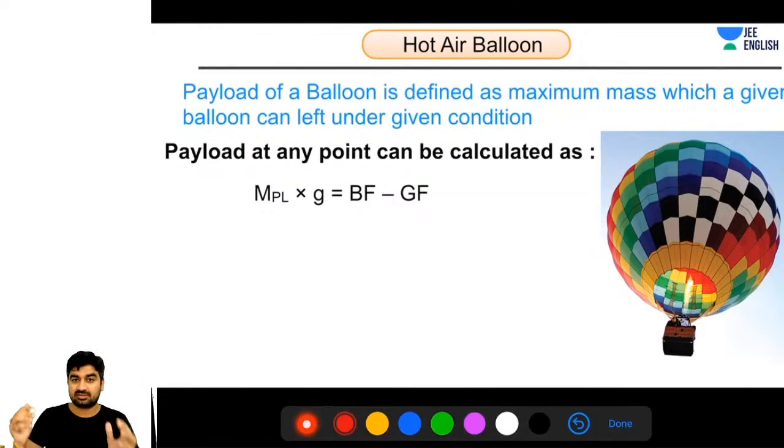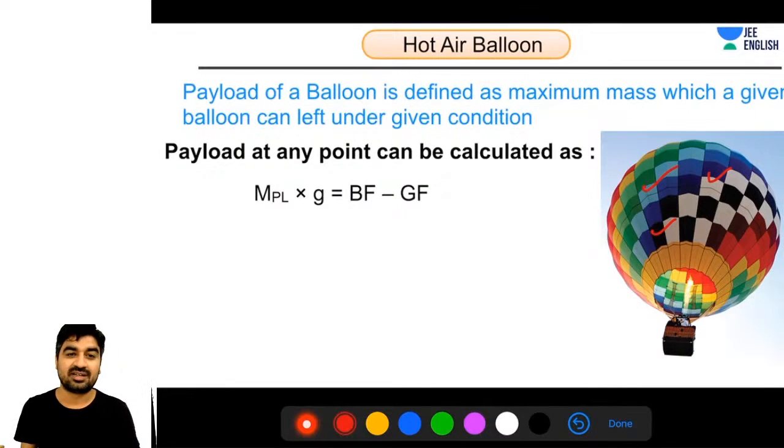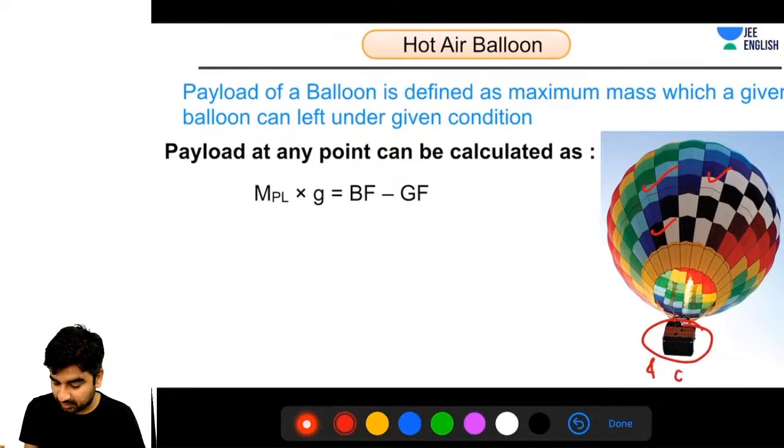Now suppose you have this payload. What is this payload? You might have seen it in movies, and many of you have seen it in real life as well. Here we can have 4%, we can have 8%, but we define that a maximum of 600 kg mass can be used here.